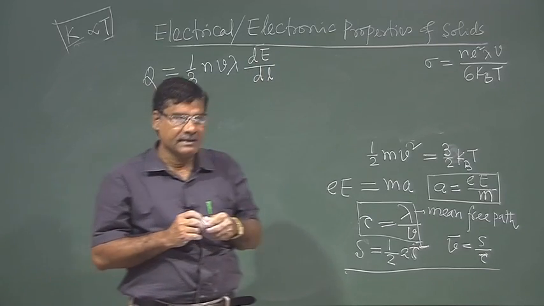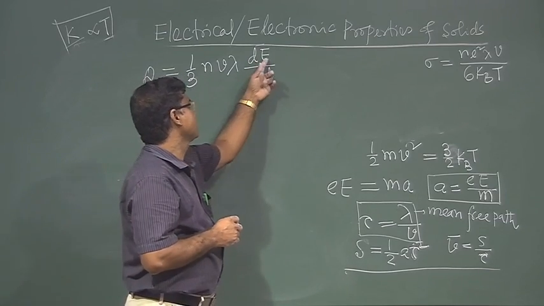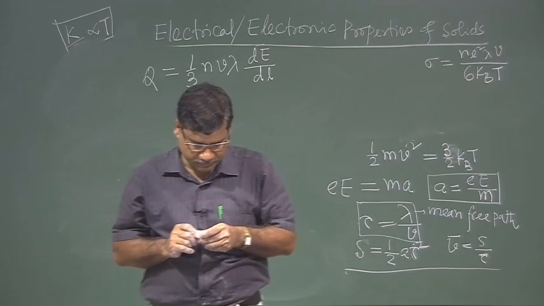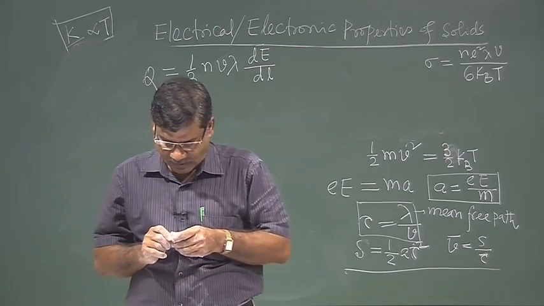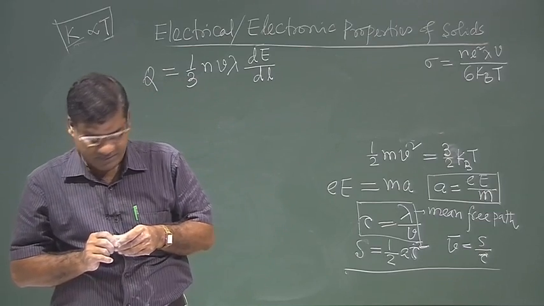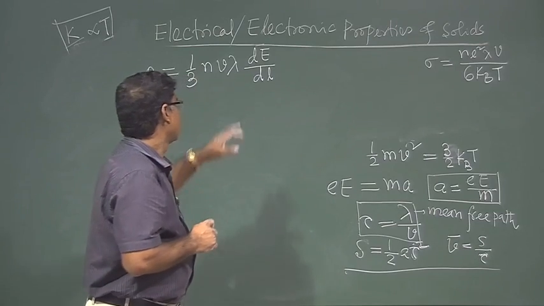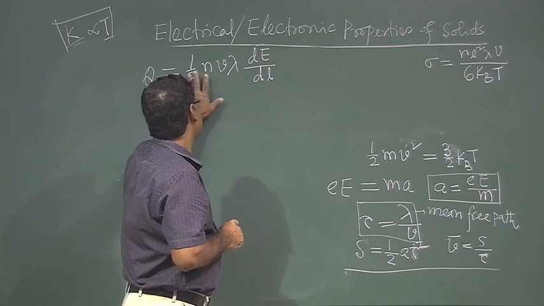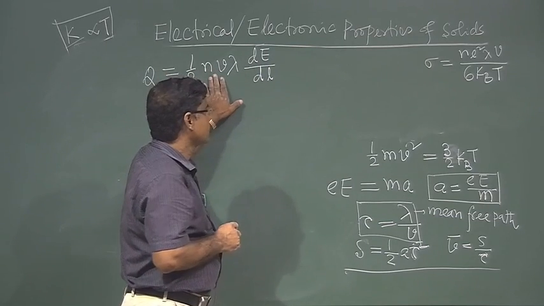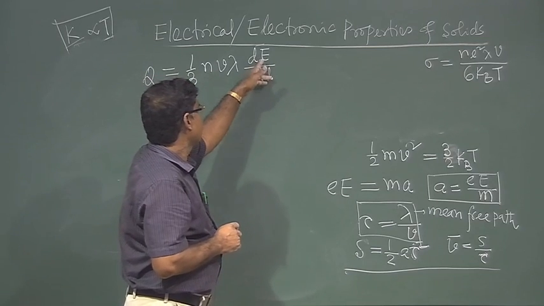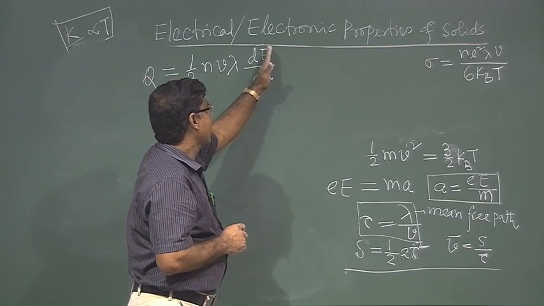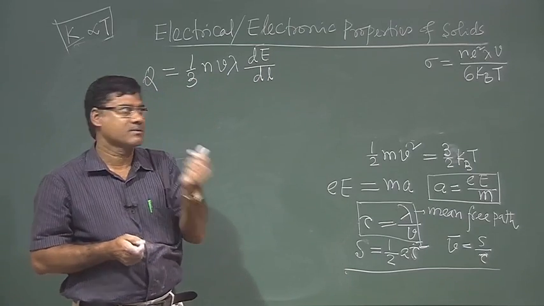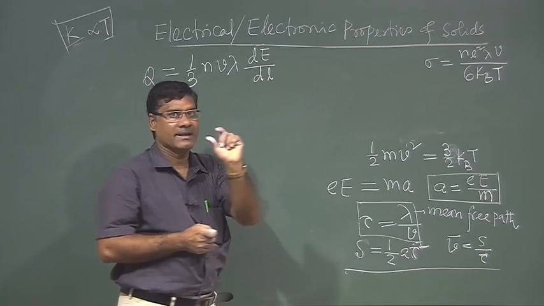E is the kinetic energy of these electrons, and dE is the change of kinetic energy when it passes through this length dl.